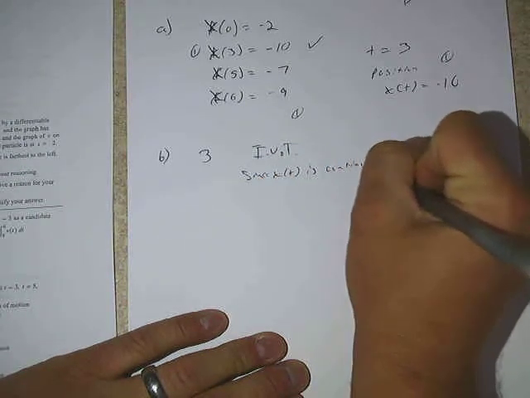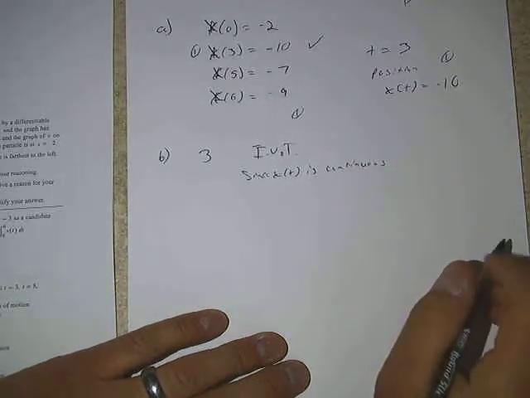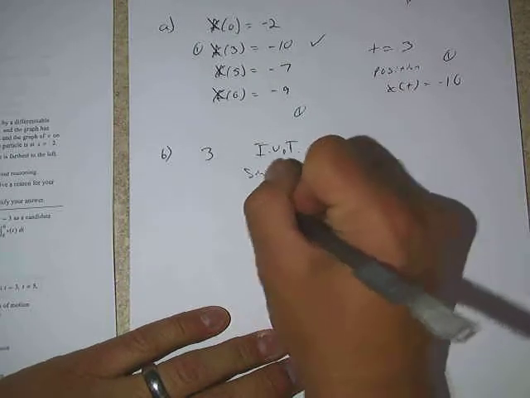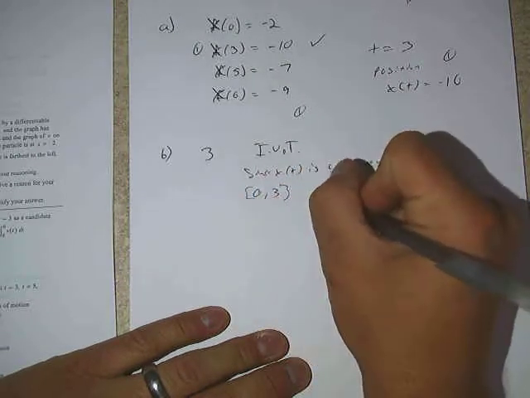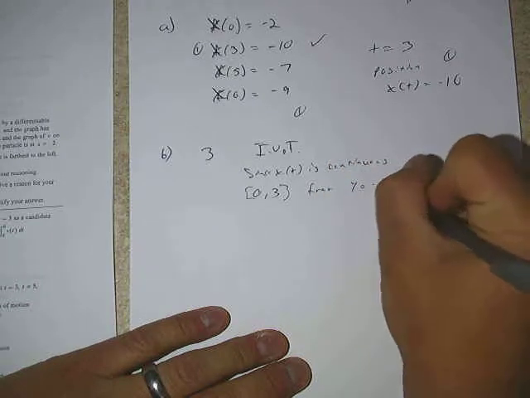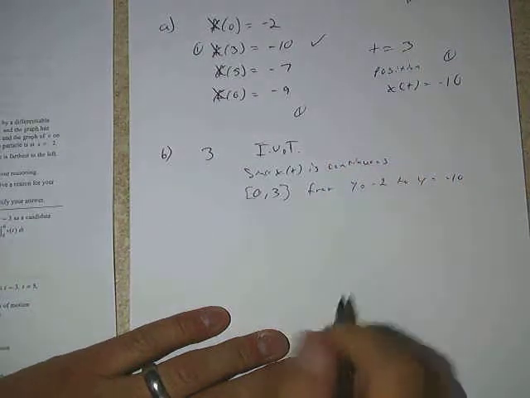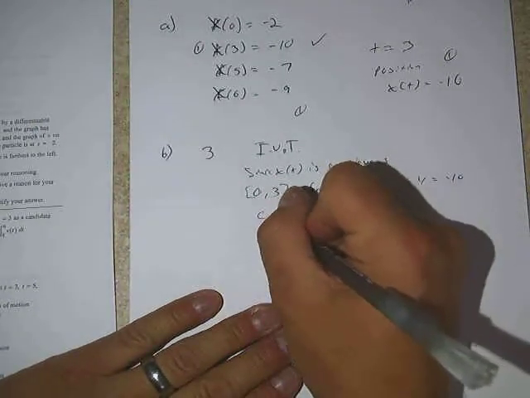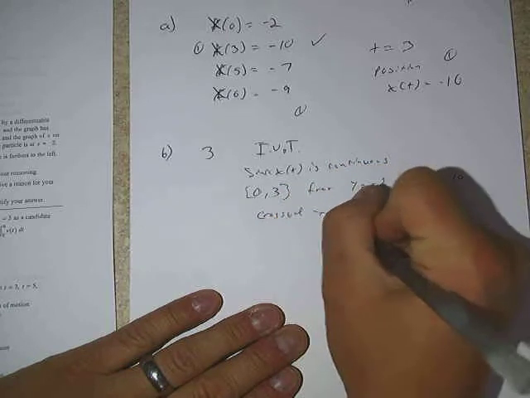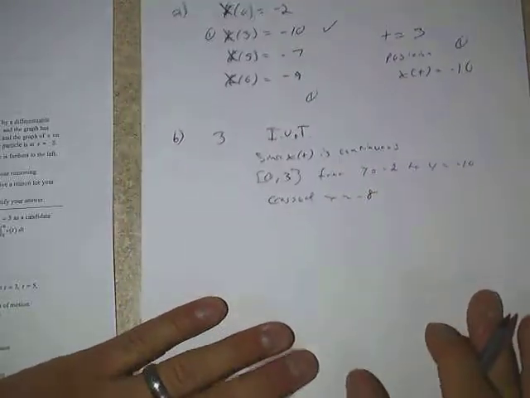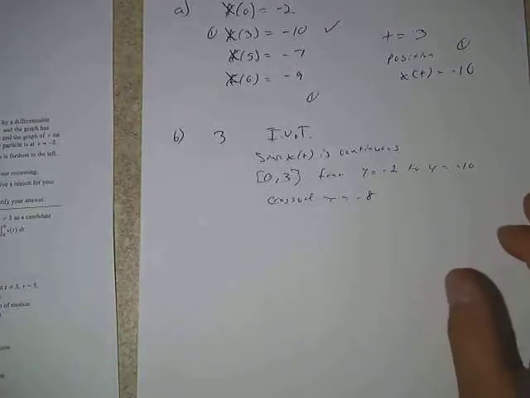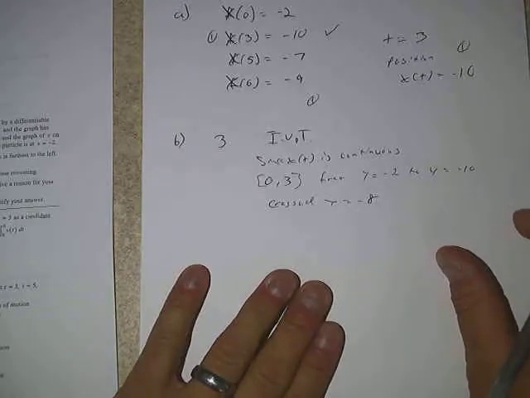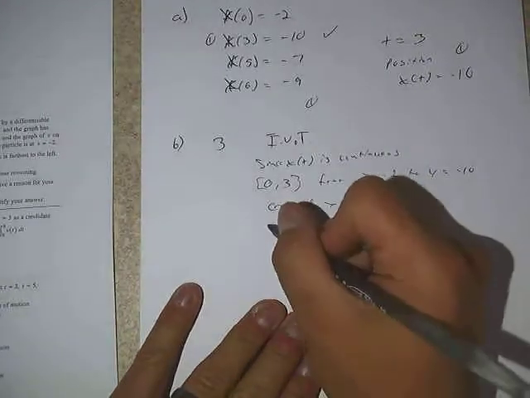Alright, so the intermediate value theorem guarantees that since x of t is continuous, and again using our above chart, on 0 to 3 we go from y equals -2 to y equals -10, decreasing from -2 to -10. That means that we must have crossed y equals -8.